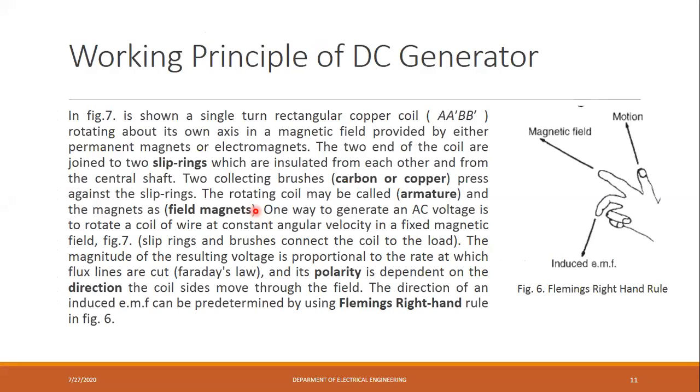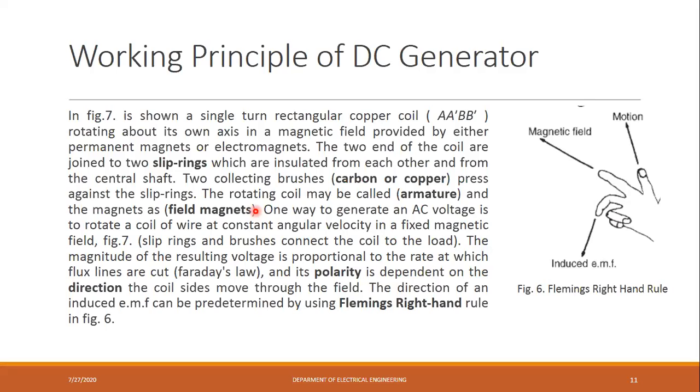As I told you, the electromagnetic induction law explains that whenever a conductor is placed or moved in a magnetic field, it cuts the flux and will induce EMF. A similar principle is there for the generator, as there is a rotating conductor. For a generator the working principle is a little bit different from the motor, so for the generator I will explain, you just understand.